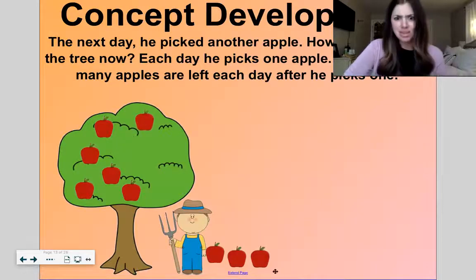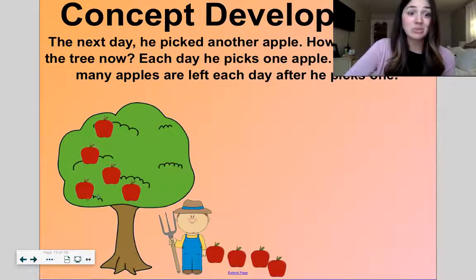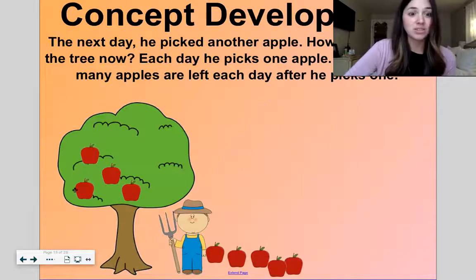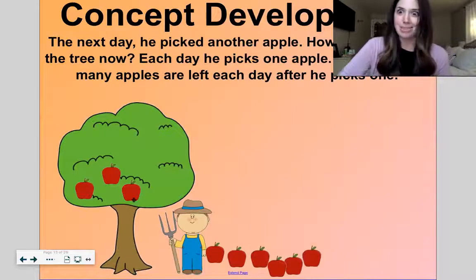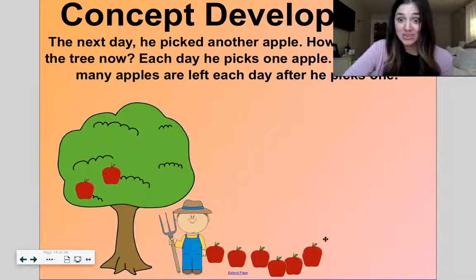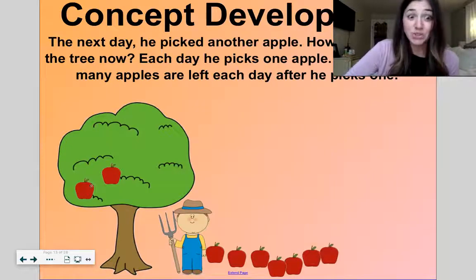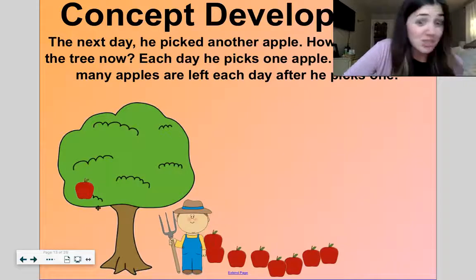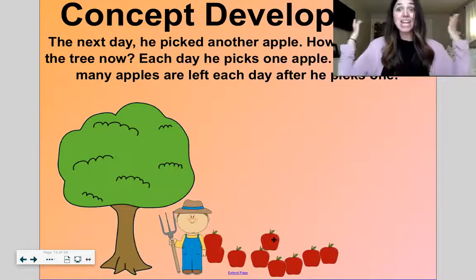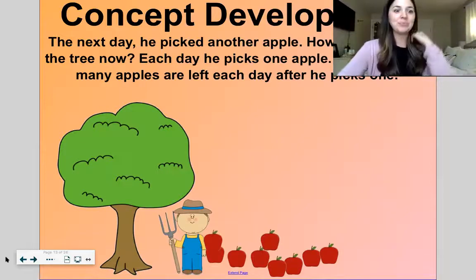The next day he picked 1. Now he has 5. The next day he picked 1, and then he had 4. The next day he picked 1, and then he had 3. The next day he picked 1, then he had 2. The next day he picked 1, then he just had 1. And the next day he picked 1, and he had 0.